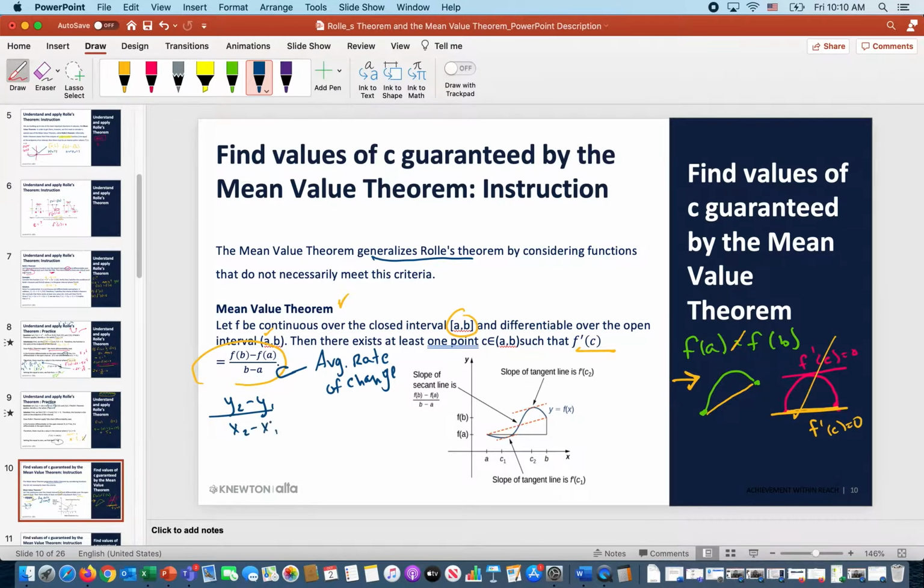And you know that if you do y2 minus y1 over x2 minus x1, you get the slope of a line. So take a look at what we have here. We've got a, and we've got b, and we've got a line that connects a and b. But this is not a tangent line, it is a secant line.